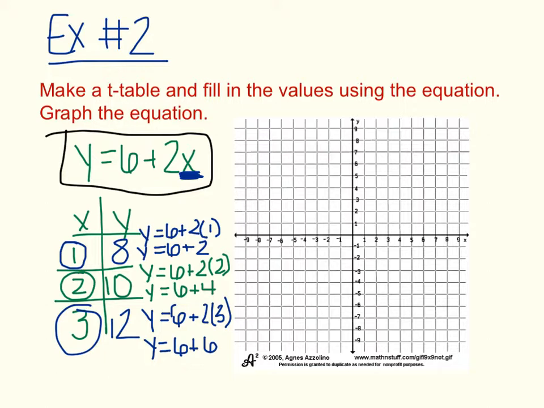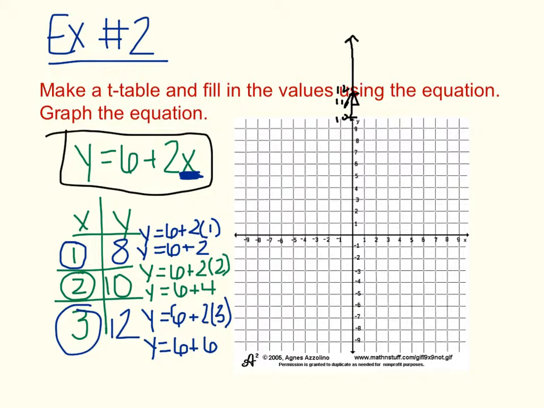So let's go ahead and plot those points. I'm going to actually extend my graph a little bit so that I can plot them. So here would be 10, 11, 12, and I can actually stop there for this one.